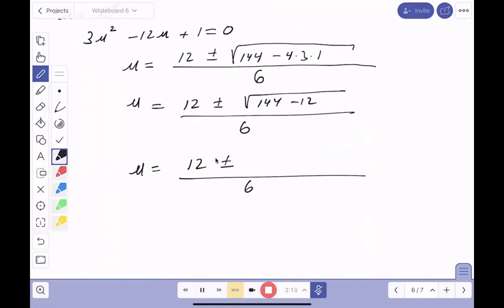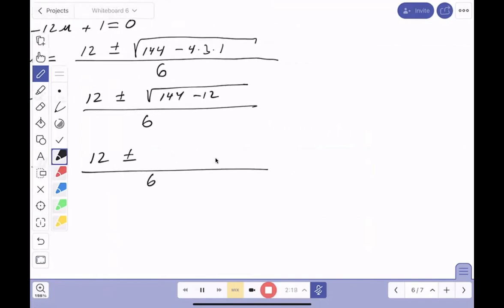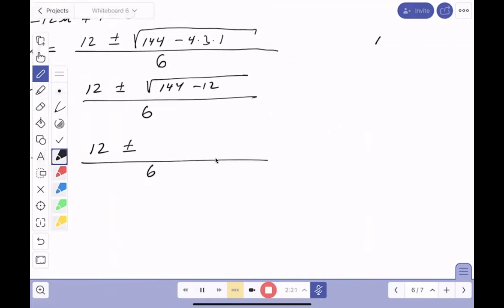Hope I didn't make a mistake, by the way. We'll look at a key, though. That's what we have a key for. 144 minus 12, we'll put this on the side, is going to be 132, right? I can divide it by 2. What do you get? 66.